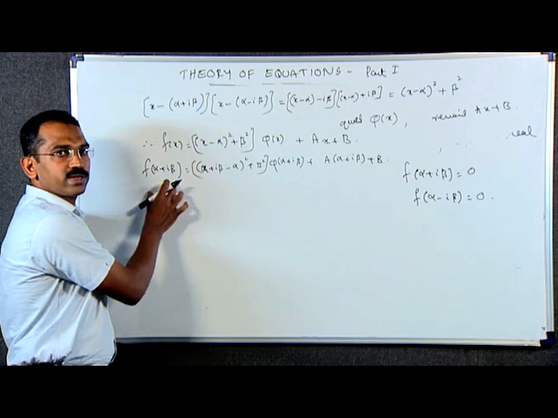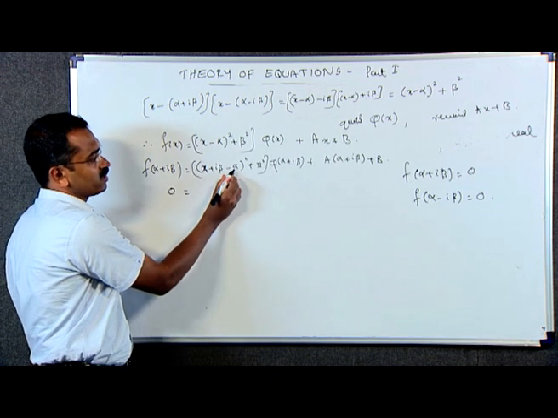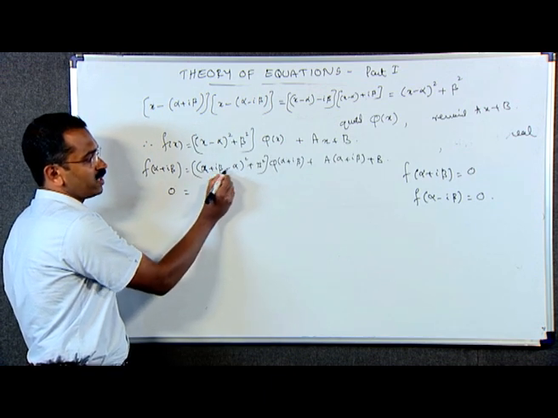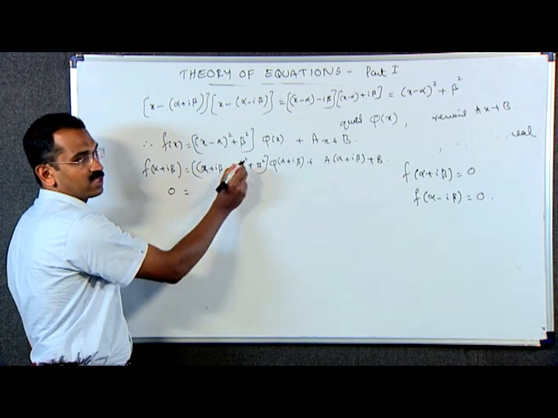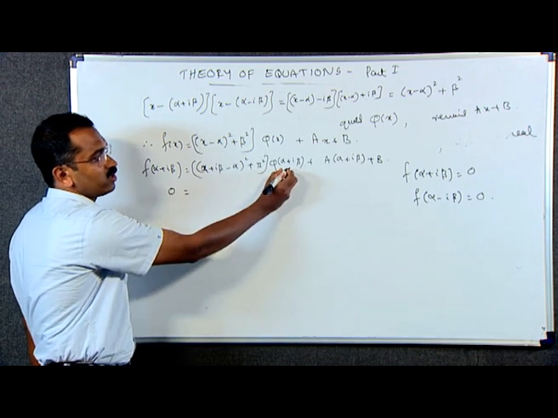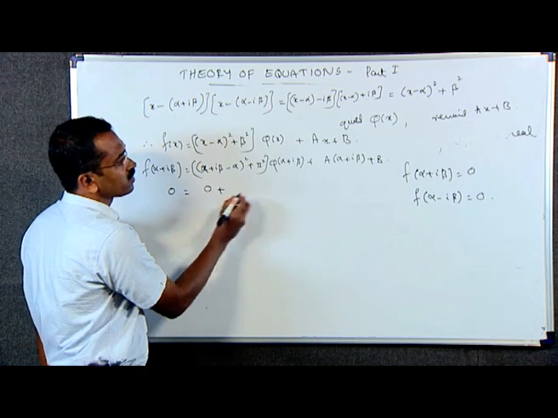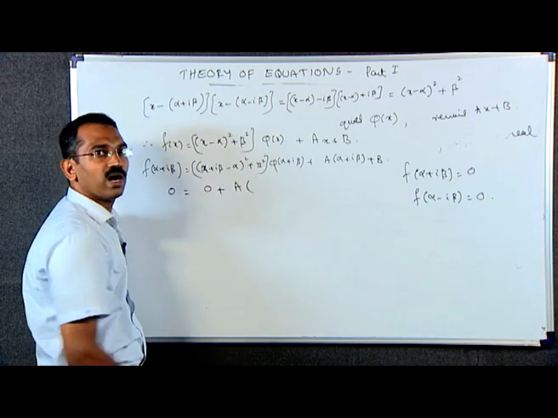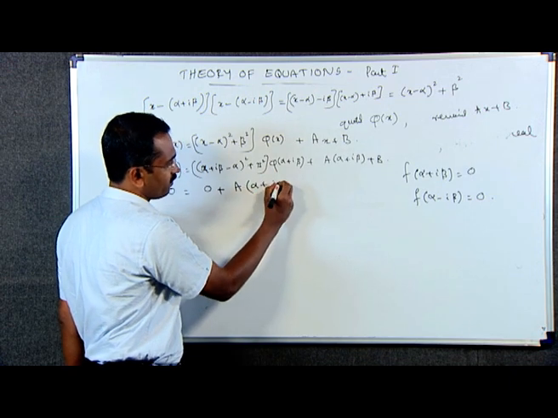F(alpha plus i beta) is 0. This is alpha minus alpha, that is 0. Here (i beta) whole square, that is minus beta square, plus beta square means 0. Therefore, 0 into phi(alpha plus i beta) means 0, plus here a(alpha plus i beta) plus b.